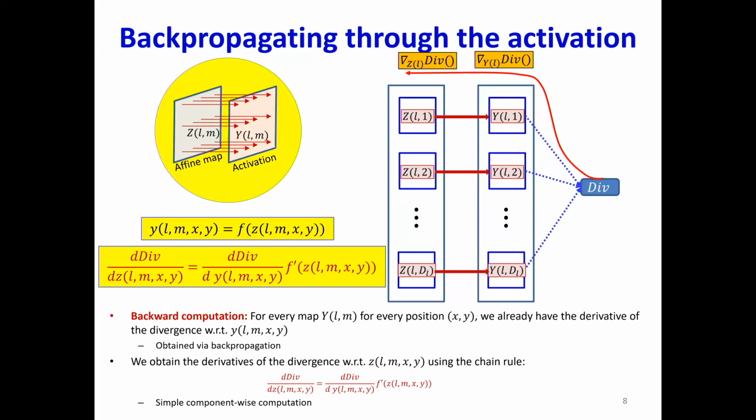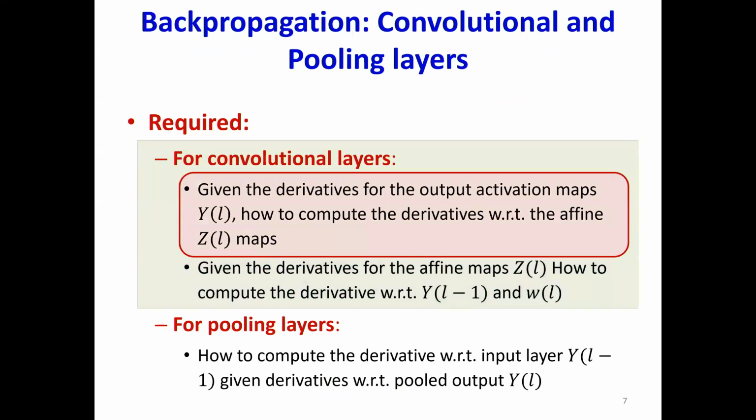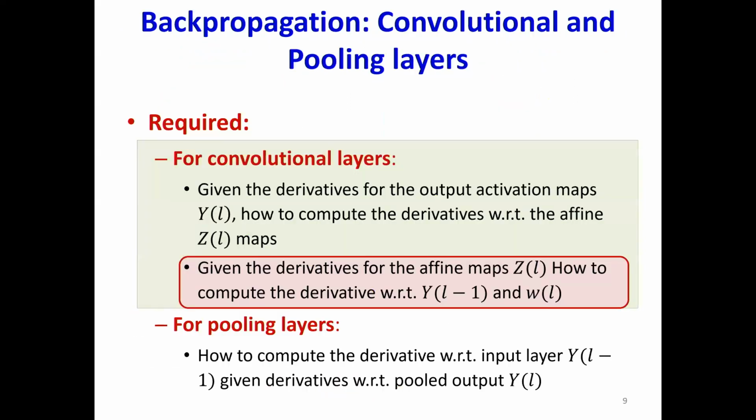And so that's what we would apply out here. For every single element in the activation maps, we'd pass the derivative backwards to the affine maps by simply multiplying it by the derivative of the activation function itself computed at that particular value of z. Right? So this is, again, all from the previous class. Nothing new over here. So we know how to perform this first step. Let's see how we do the second step.